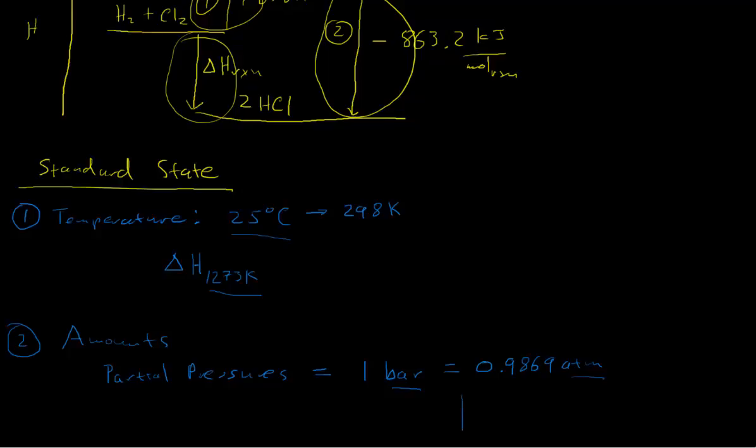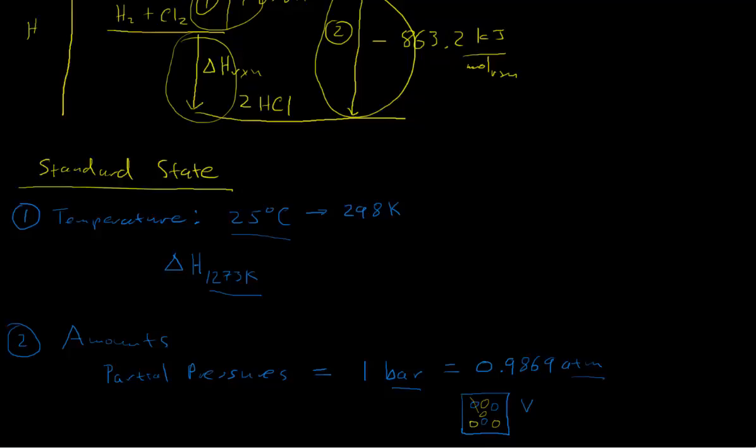So what does a partial pressure mean? Well, that means that we've got a container of a certain size, a certain volume. We're going to put gases in here. So let's imagine this blue gas in here. We're going to put it up there until that blue gas has a pressure of 1 atmosphere. Now if we were to go in and add a different gas to this box, so let's say these little yellow molecules, well, now the pressure is going to be higher, right, because we've added this other gas in. But the partial pressure of the yellow gas, we can imagine that's the pressure that it would exert if it were in this box by itself.